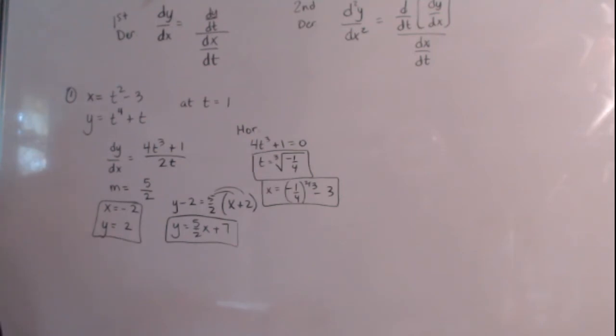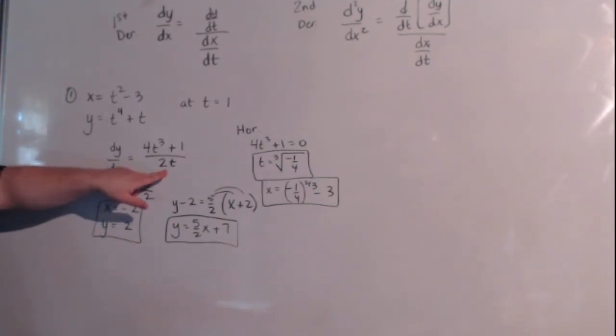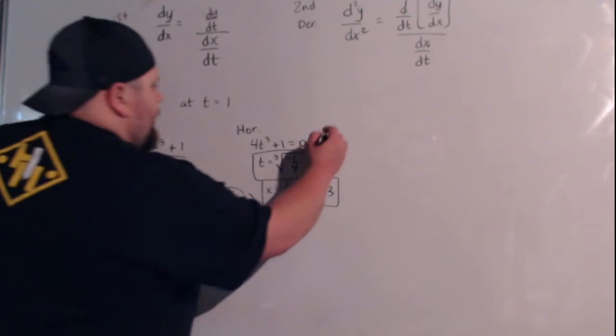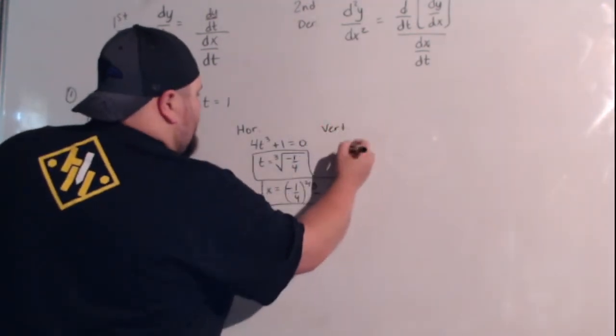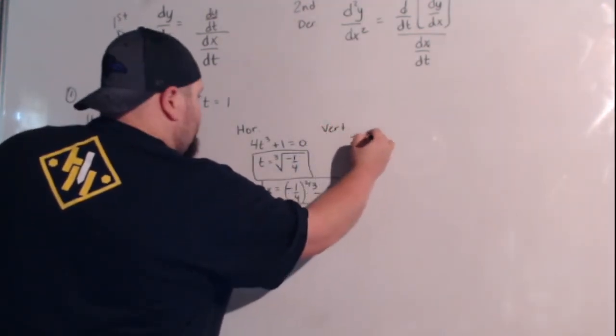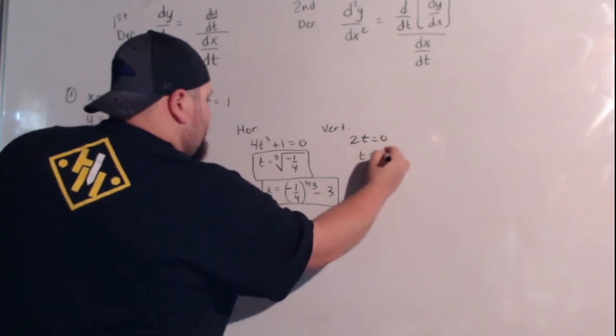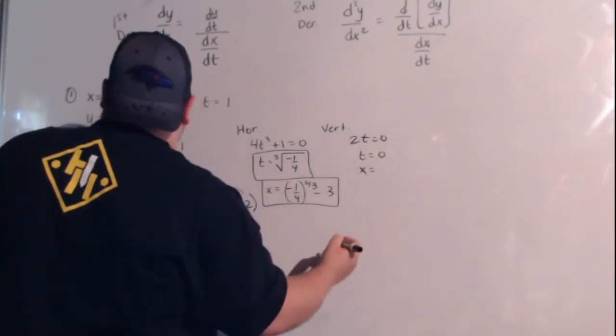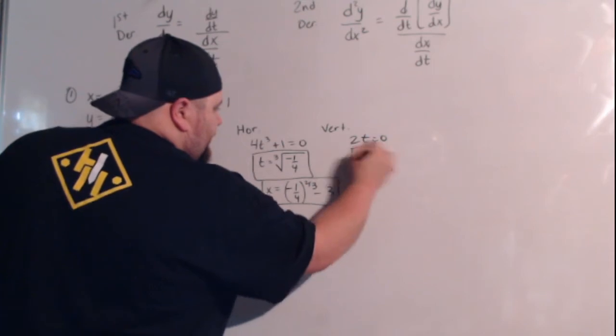So that's horizontal. And if we want to find vertical tangents, that would be when the denominator is 0. So 2t equals 0, or t is 0, and x at that point is -3.